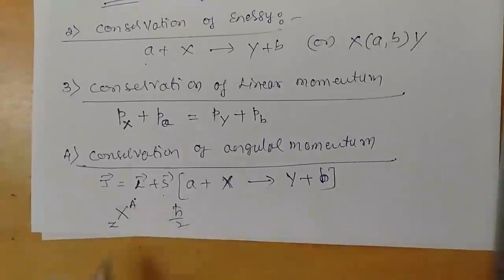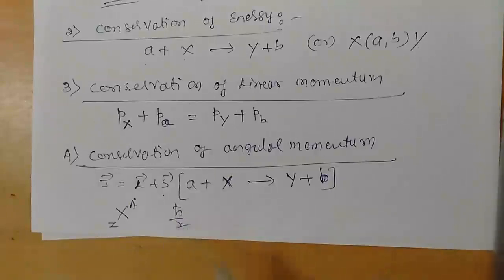Remember students, if the mass number of any nucleus is odd, the angular momentum of that nucleus will be an odd multiple of h bar divided by 2.